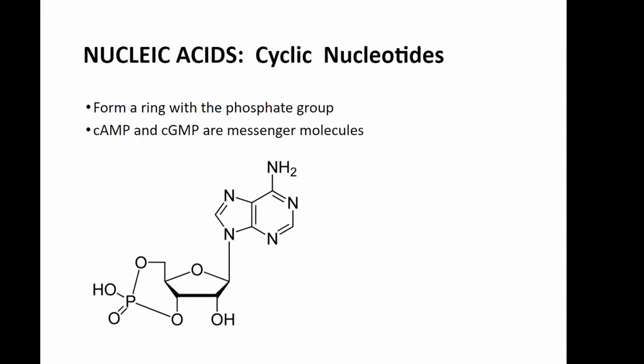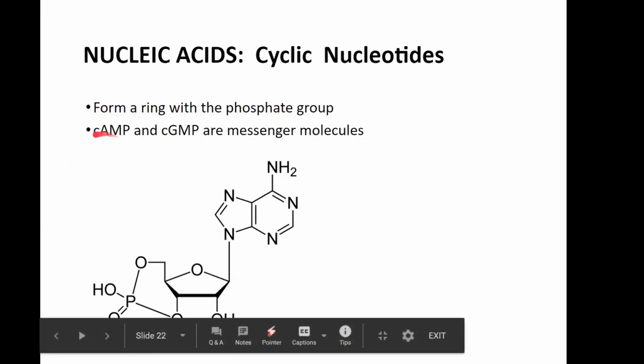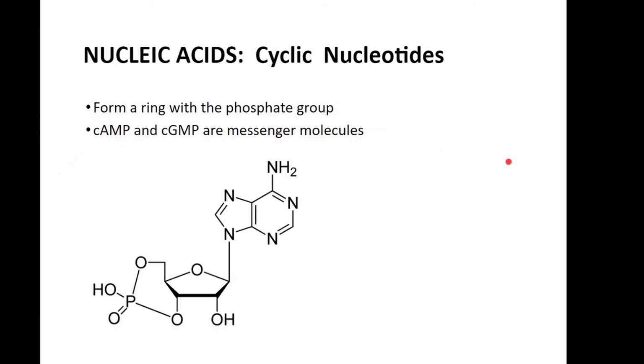Cyclic nucleotides do also exist. The important ones that we want to think about in this course are messenger molecules. So when we start talking about cellular messaging, we'll be talking a lot about cyclic AMP, so cAMP. So these are messenger molecules basically inside the cell that allow us to amplify signals and to get the cellular function inside the cell, kind of upregulating different processes.